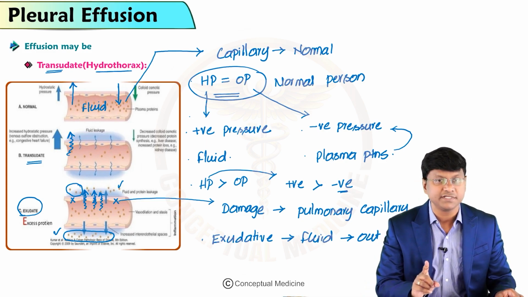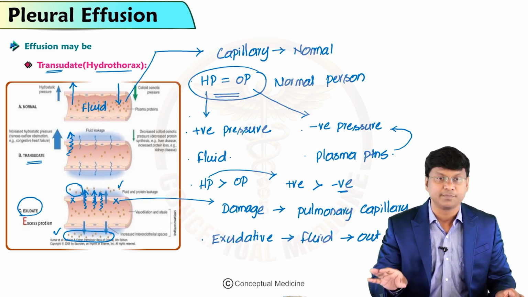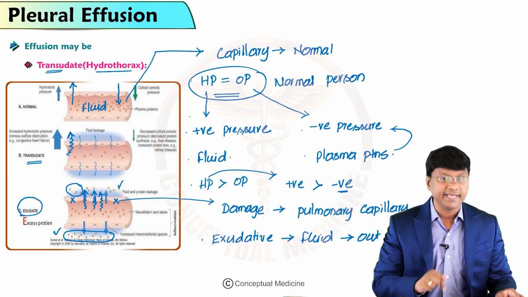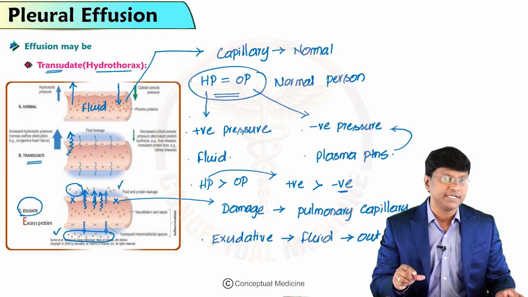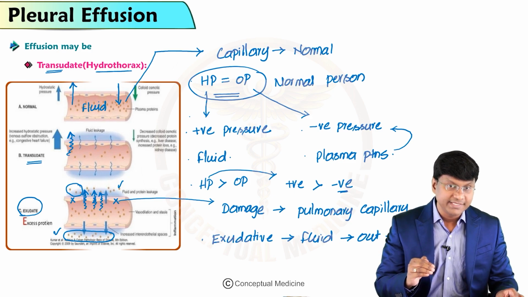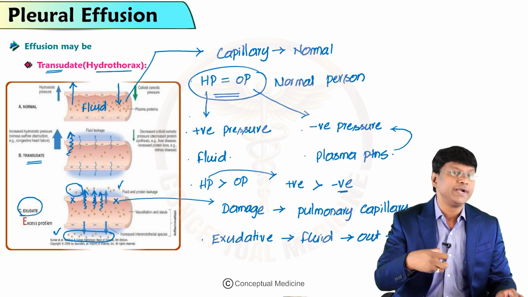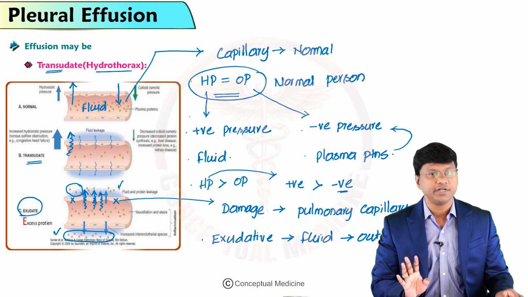One important difference: in transudative, the pulmonary capillary endothelium will be normal and hydrostatic pressure is increased, whereas in exudative, there is damage to the pulmonary capillary endothelium. And the second important point, the plasma proteins which have leaked out of the vessel will pull the fluid out. That will result in the exudative type of pleural effusion.